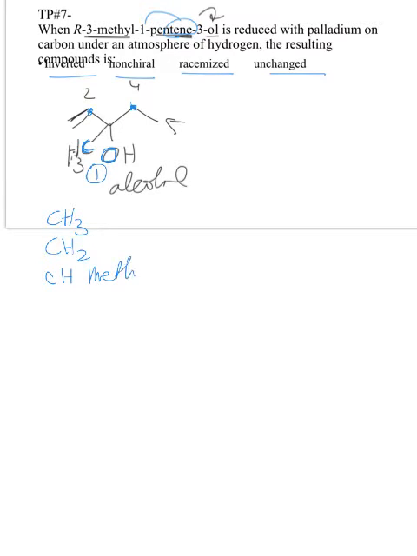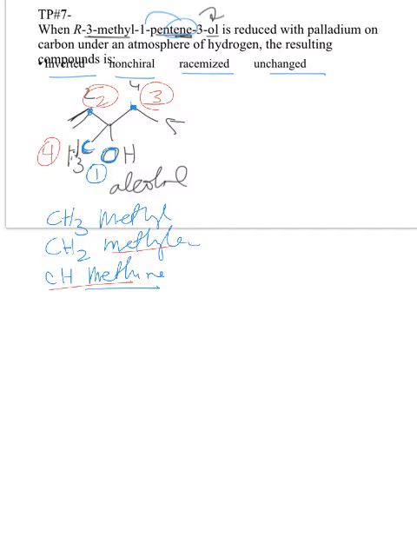So these are methine, this is a methylene, and this is a methyl. So obviously the methine is going to have a higher priority, so we're going to call that a 2 because it has more carbons and stuff connected. Methylene is 3, and then the methyl is 4.